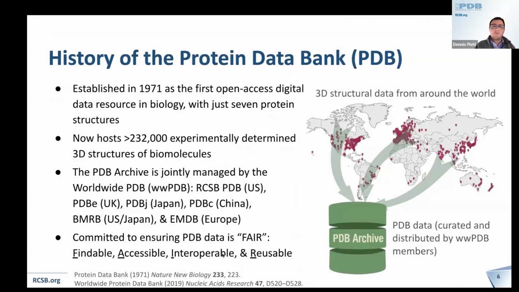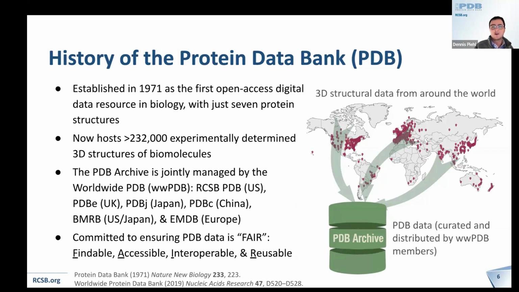So first, to provide a brief background, the Protein Data Bank was established in 1971 as the first open access digital data resource in biology, containing just 7 crystallographic structures of proteins. It has since then grown to house more than 232,000 experimentally determined 3D structures of biological macromolecules, owing thanks to the tens of thousands of structural biologists worldwide who submit their structures for deposition to the PDB archive.